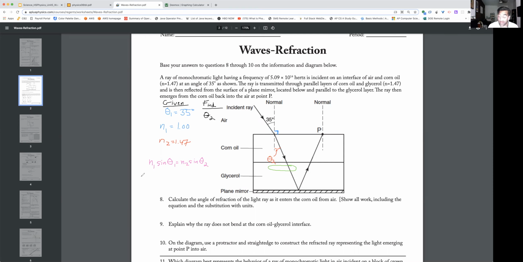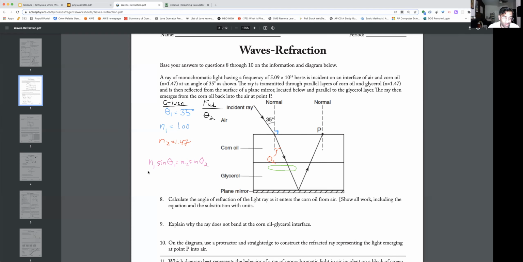What I'm going to do in this example is plug in the actual numbers and then solve for theta 2. But you could also algebraically manipulate this, okay? So we have to do it in a couple steps. I'm just going to plug in, in this first step, all the numbers that I have, all right?